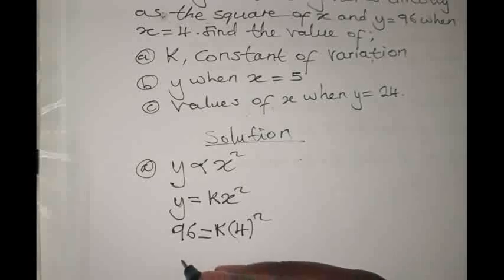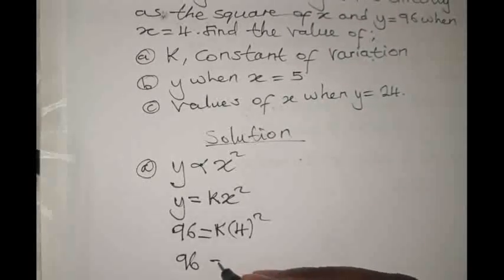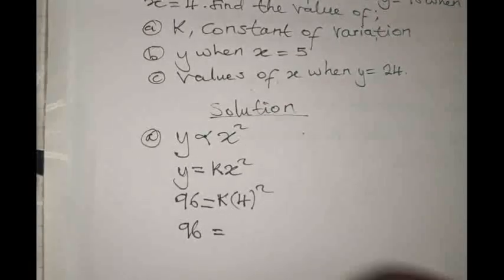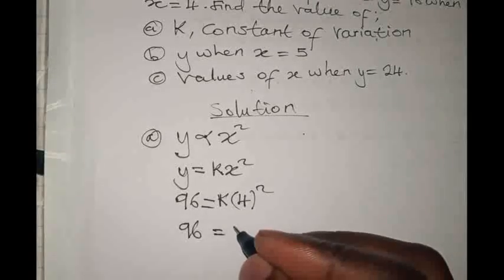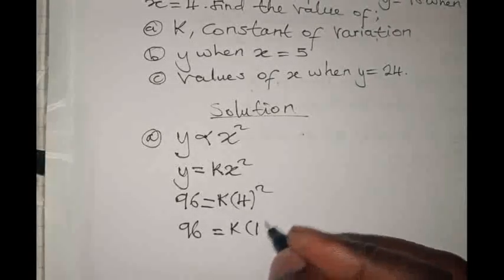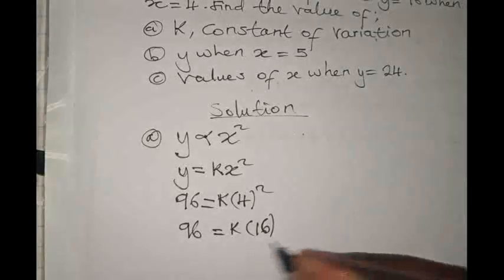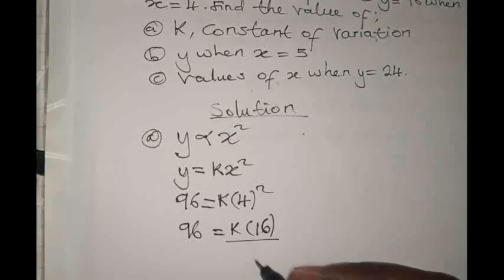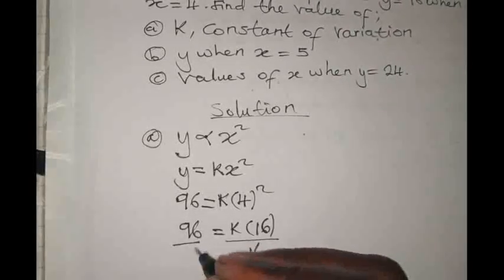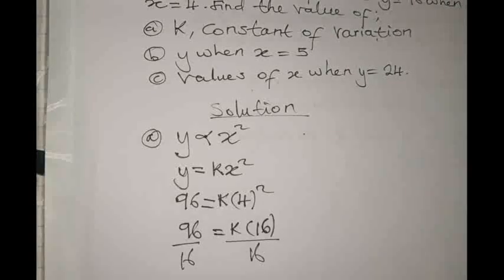So this will be 96 is equal to k times, what is 4 squared? We know that it gives us 16. Then you divide by 16, also this side divide by 16. What answer do we get when we divide 96 by 16?